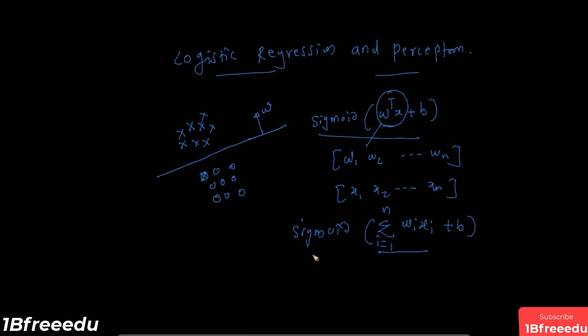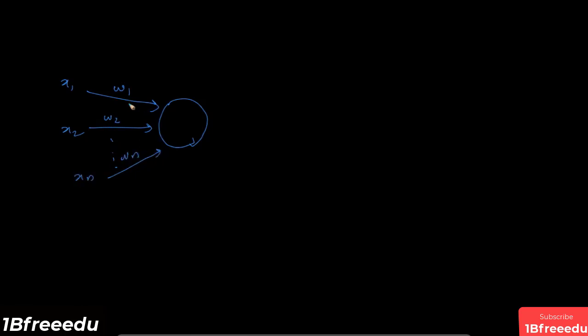Now let us see how we can represent this logistic regression by using a neuron. A neuron has n inputs: x1 with weight w1, x2 with weight w2, likewise xn with weight wn. This neuron does the sum here, and on that sum we apply a function called the activation function, and this function produces the output of the neuron.